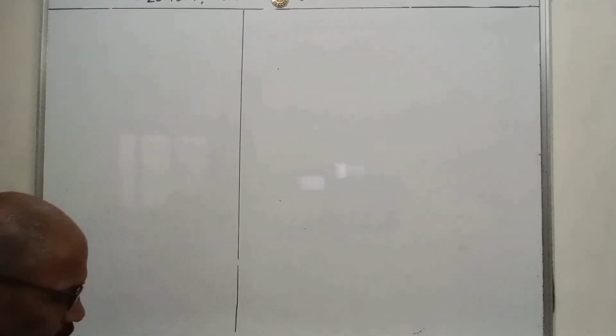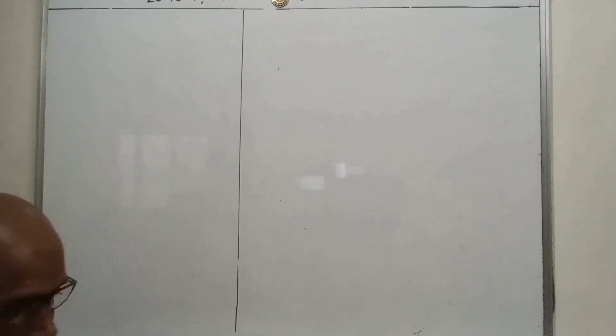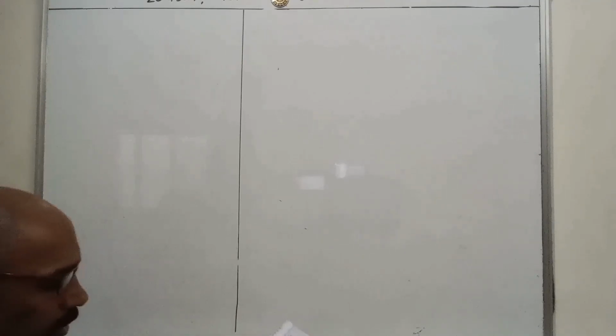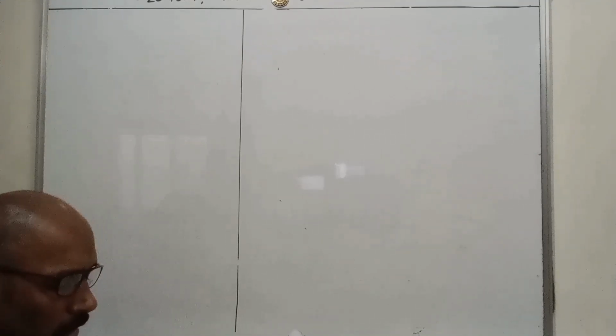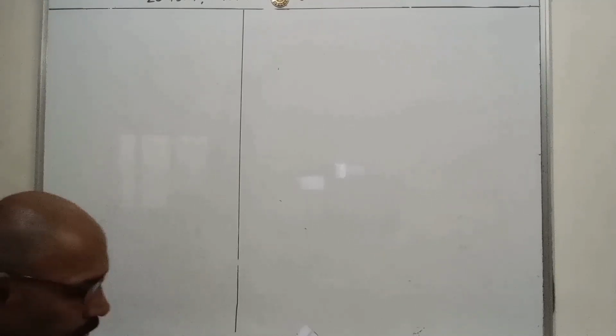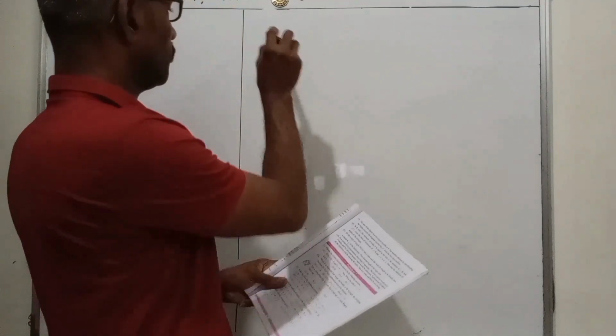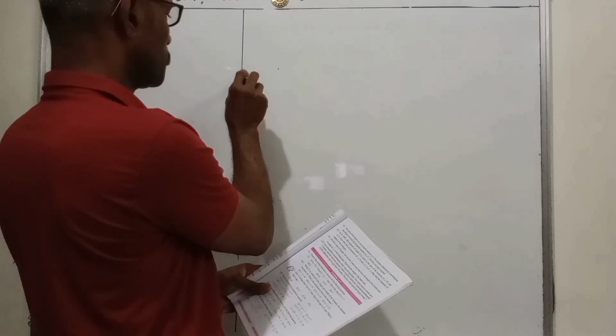Example number 3. Ajay is younger than Vijay by 5 years. Sum of their ages is 25 years. What is Ajay's age? Now we write here.